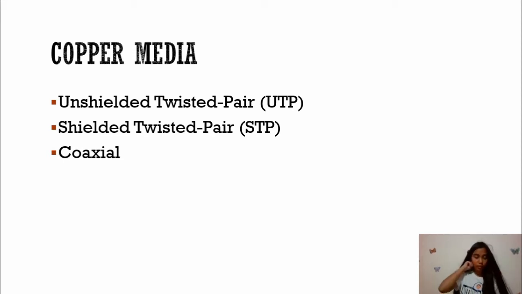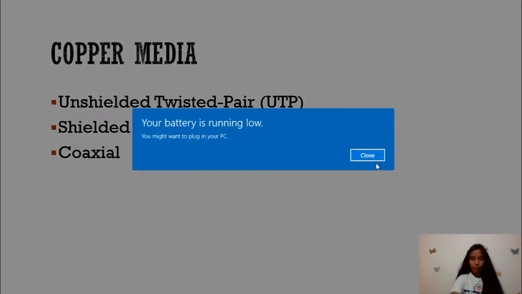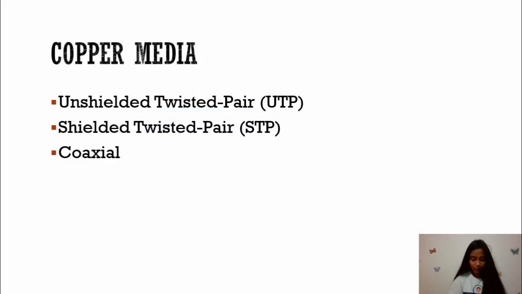So for the next one, we have the shielded twisted pair. It provides better noise protection than the UTP cabling. Compared to the UTP cable, the STP is significantly more expensive and difficult to install.